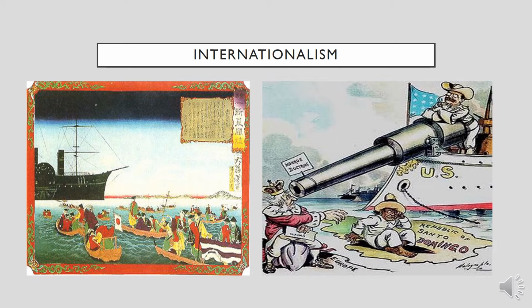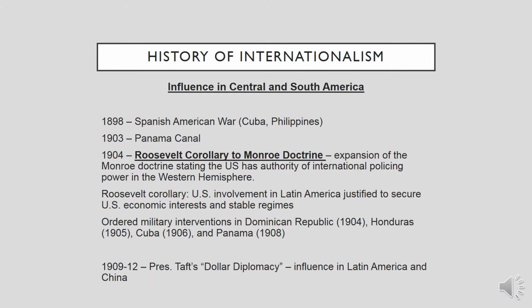You see Santo Domingo, other Latin American states. And we see that President Roosevelt was very influential in expansionism and internationalism during his tenure, particularly in Central and South America.